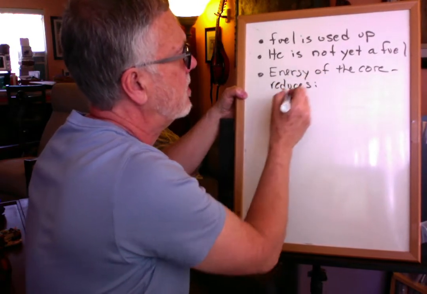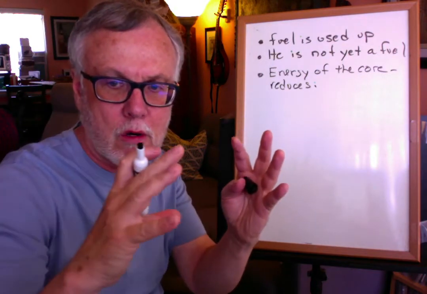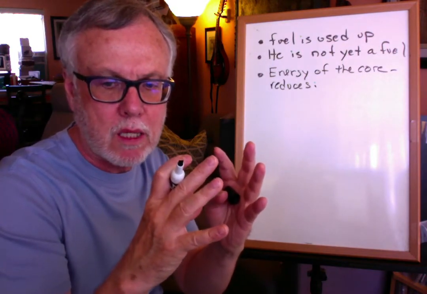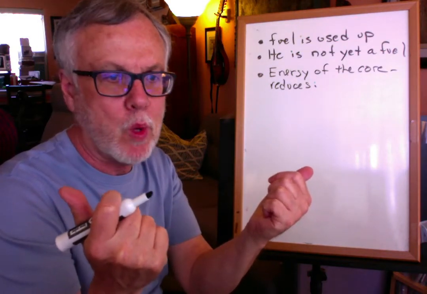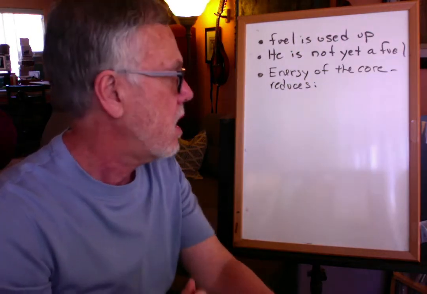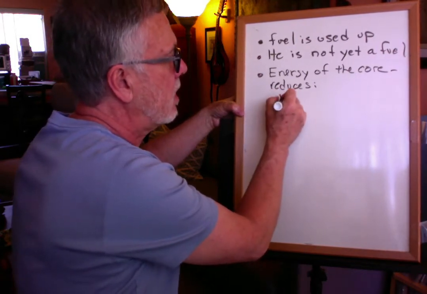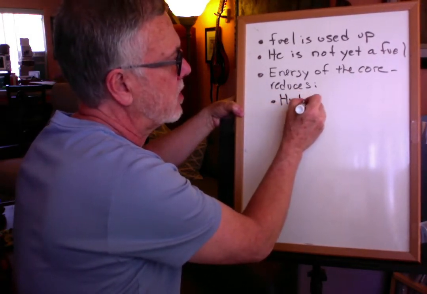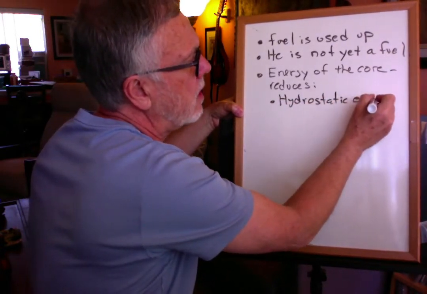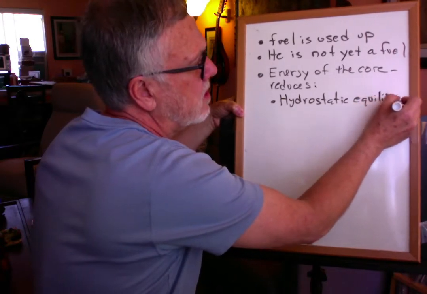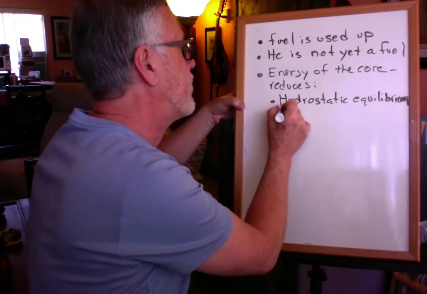And remember, there is this little battle going on between the inward crushing power of gravity trying to contract a star and the outward flow of energy streaming away from the core from the proton-proton chain. That was called hydrostatic equilibrium. Hydrostatic equilibrium, fancy word, just means the balance between gravity pulling inward and energy flowing out, and here that balance is disturbed.